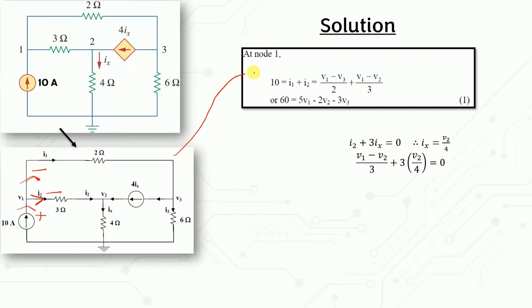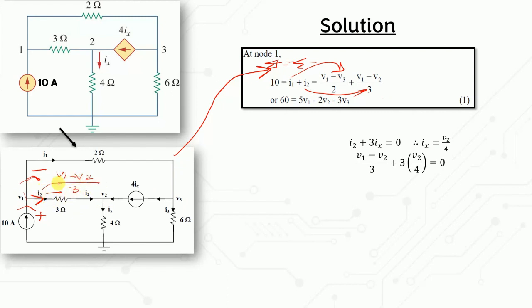So here, this is 10, and the summation of entering current equals the summation of leaving current, which is I1 plus I2, where I1 is V1 minus V3 over 2, and I2 is V1 minus V2 over 3.